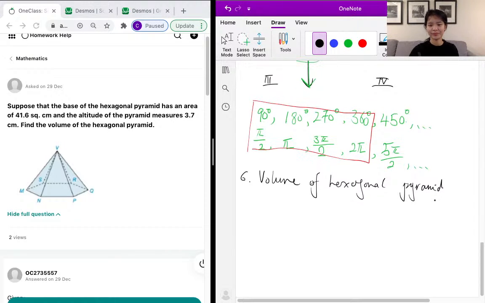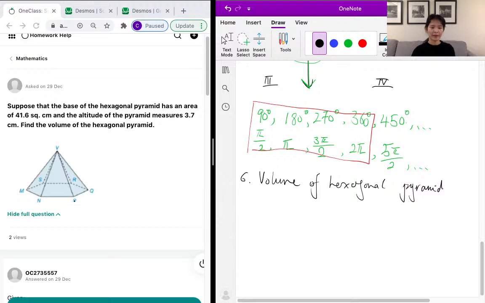Cool. So again, the bottom of this pyramid is a hexagon, and that's why it's called a hexagonal pyramid. Just want to let you know that, although you can probably just see it from the photo, or you probably already know that. So in order to find the volume of a hexagonal pyramid, our formula is just 1/3 of the area of the base, times the height.